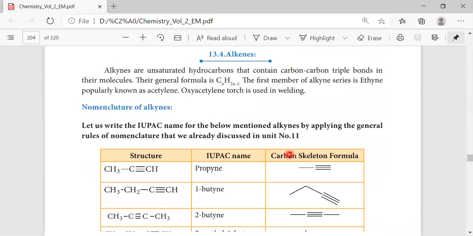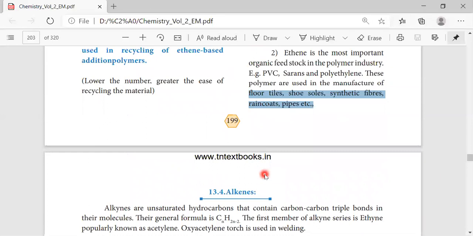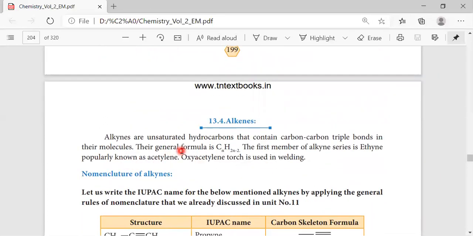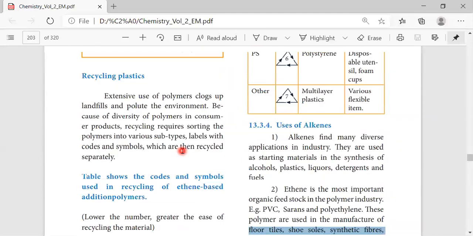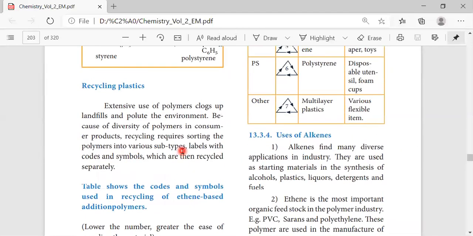These are all from ethene. So alkenes are said to be unsaturated, with a carbon-carbon double bond. Alkane is said to be saturated, with a carbon-carbon single bond. Now their preparation, properties, uses, and nomenclature we have discussed. Okay, so with this the alkene topic gets over. In the next video session we'll move on to alkynes.